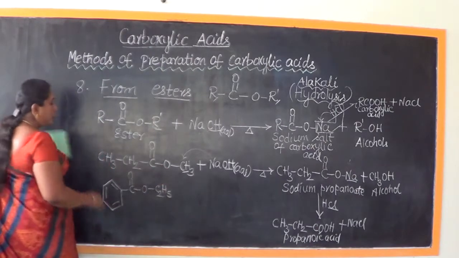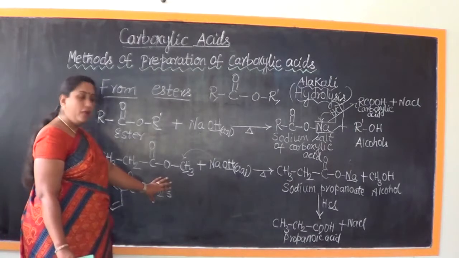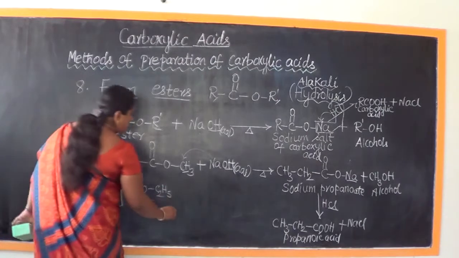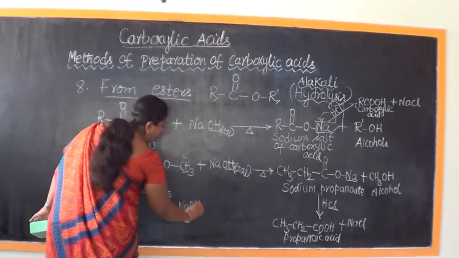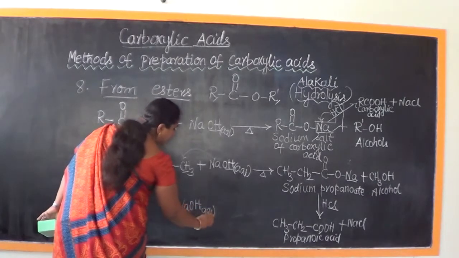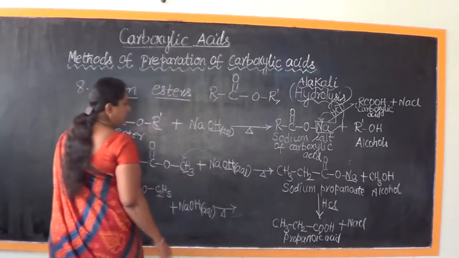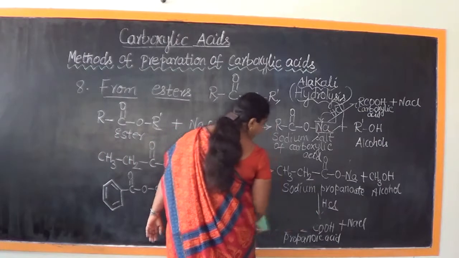Now what's the product going to be after alkali hydrolysis? This will go away. In the place of this, Na will take up the attachment. So let us subject it to the process of alkali hydrolysis. So what are we going to get? In order to complete the equation, I have to write.